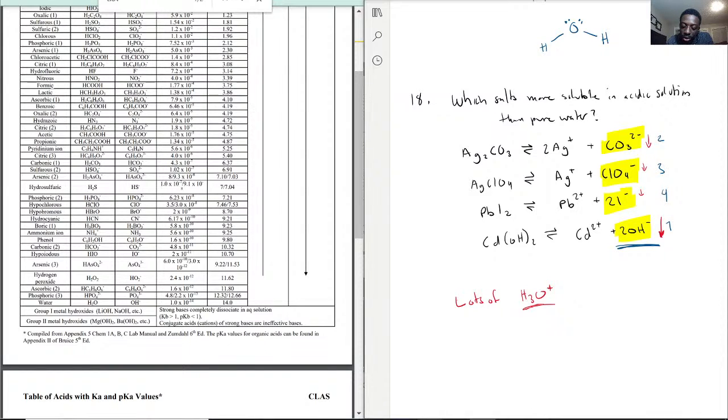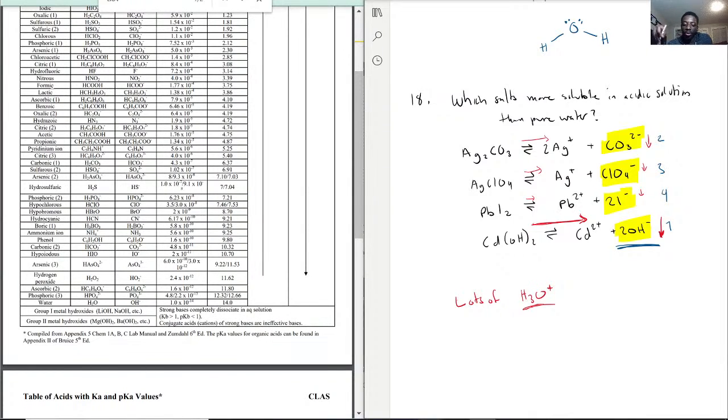The equation for the PbI2 would shift slightly over. This one will shift a little bit more, and this one more than that. But this one would shift a lot, because the OH is being depleted quite a bit as it keeps interacting with the acid in the solution.